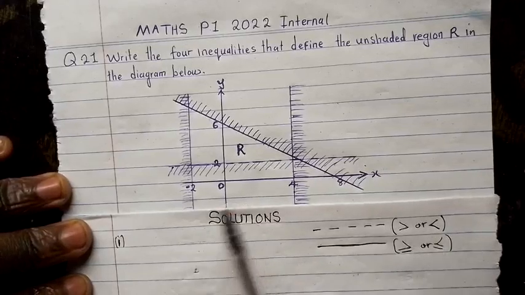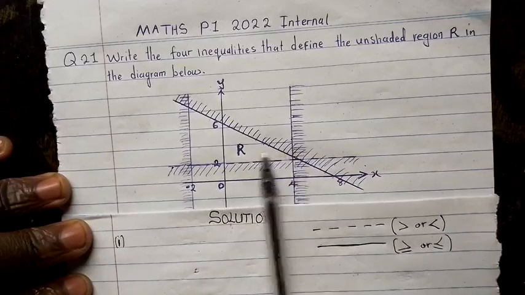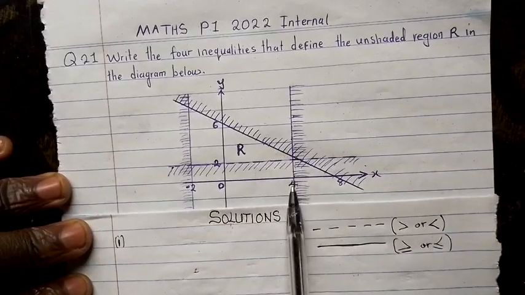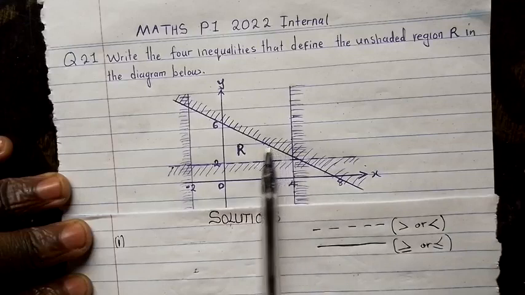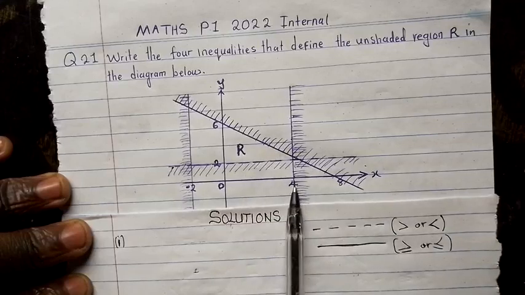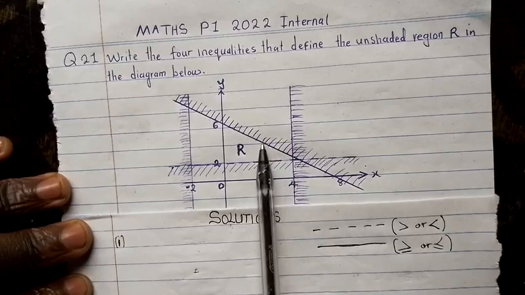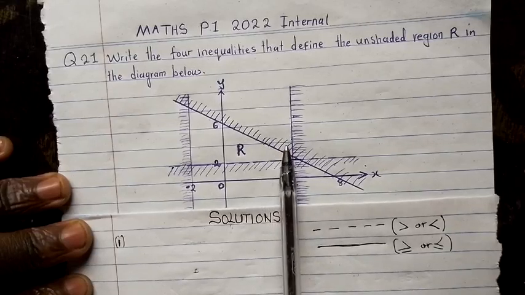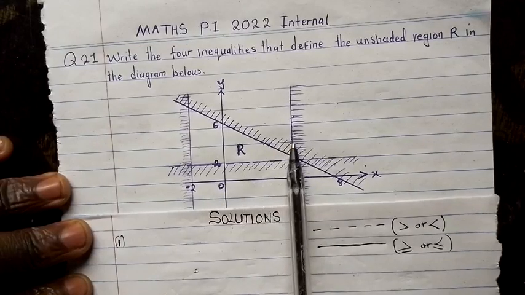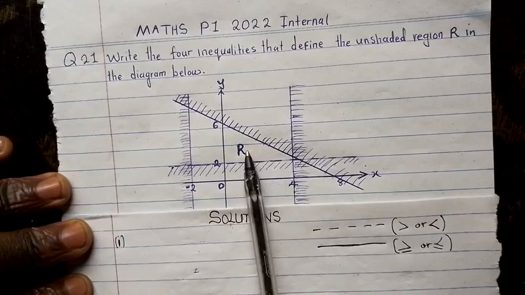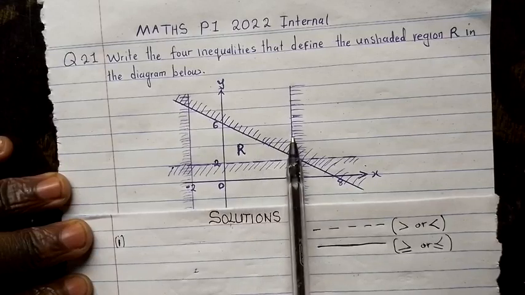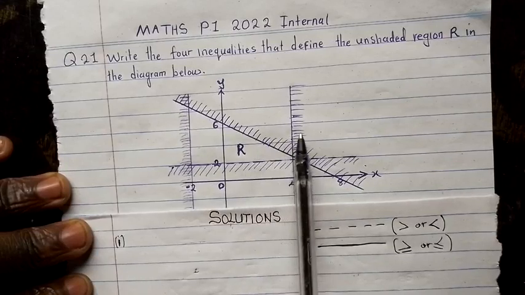Here, the part which is not shaded, is it greater than or less than 4? This one is 4. Is it greater than or equal to 4, or less than or equal to 4? It is less than or equal to 4.